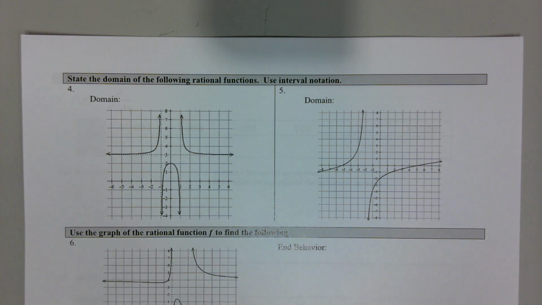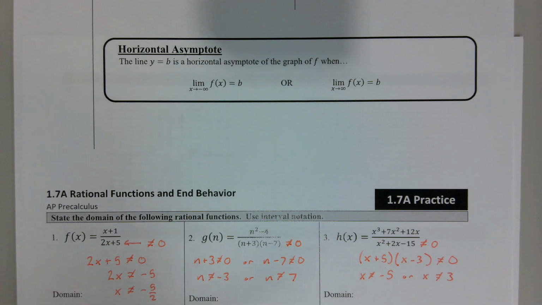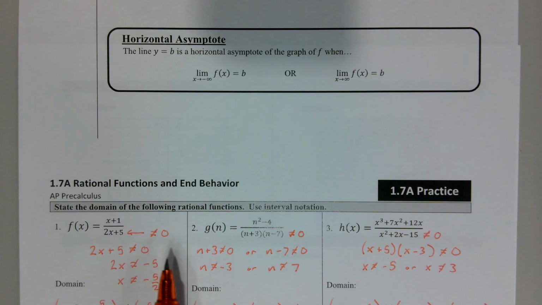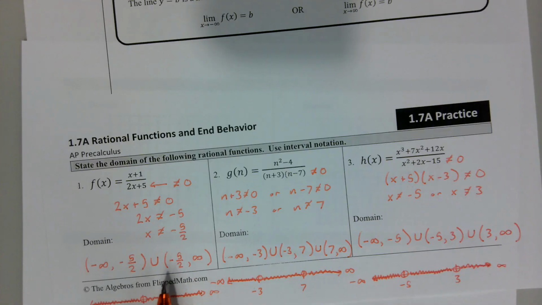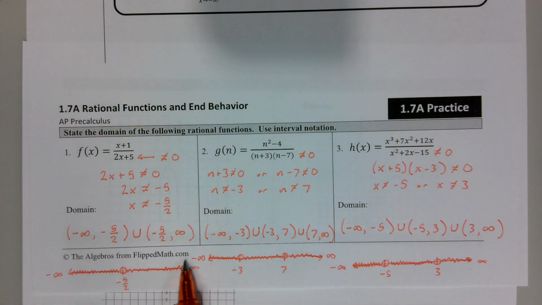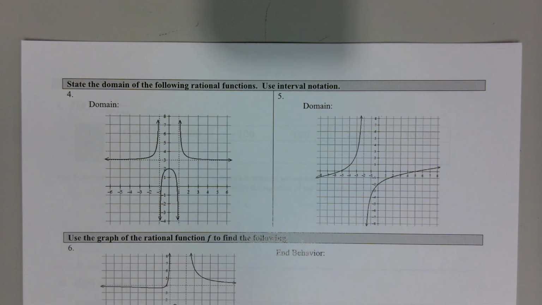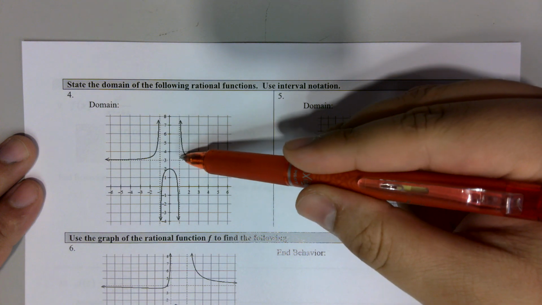So if we remember from the algebras, any time we had a value that was not part of our domain, like this negative 5 over 2 or these negative 3, 7, we had vertical asymptotes on each of those. So our vertical asymptotes for a function tell us what our values could not be equal to.